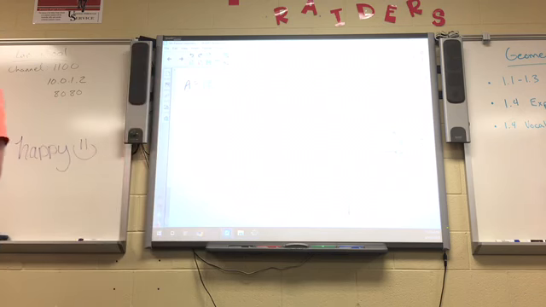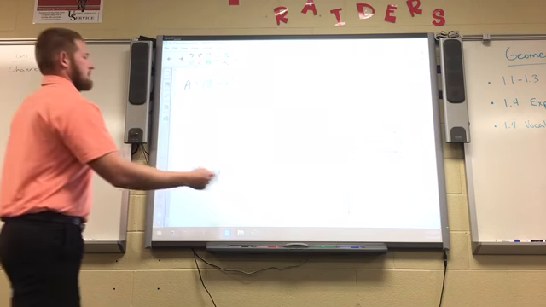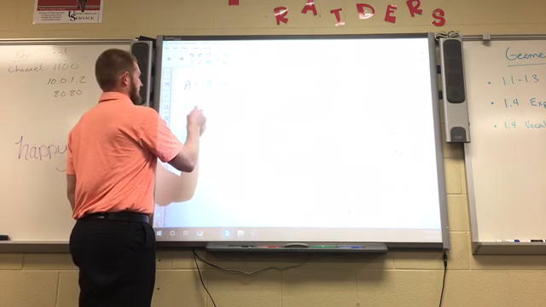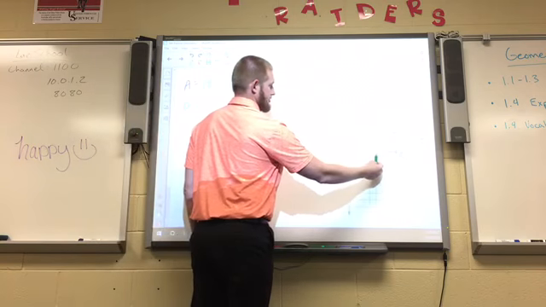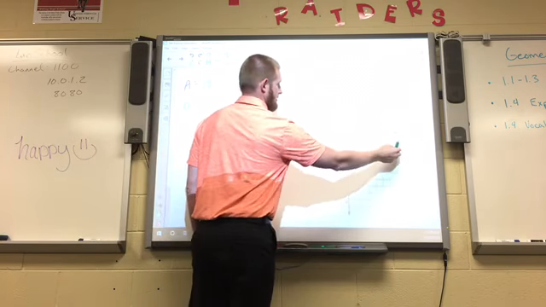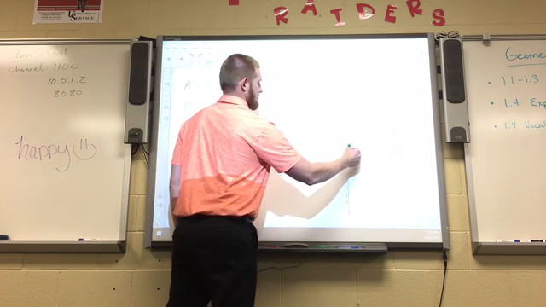As I was drawing that, hopefully you were seeing a rectangle and thinking this is going to be pretty easy. They don't ask for perimeter, but could I find it pretty easily? Yeah, because if this is 6, this is 6. If that's 3, this is 3.